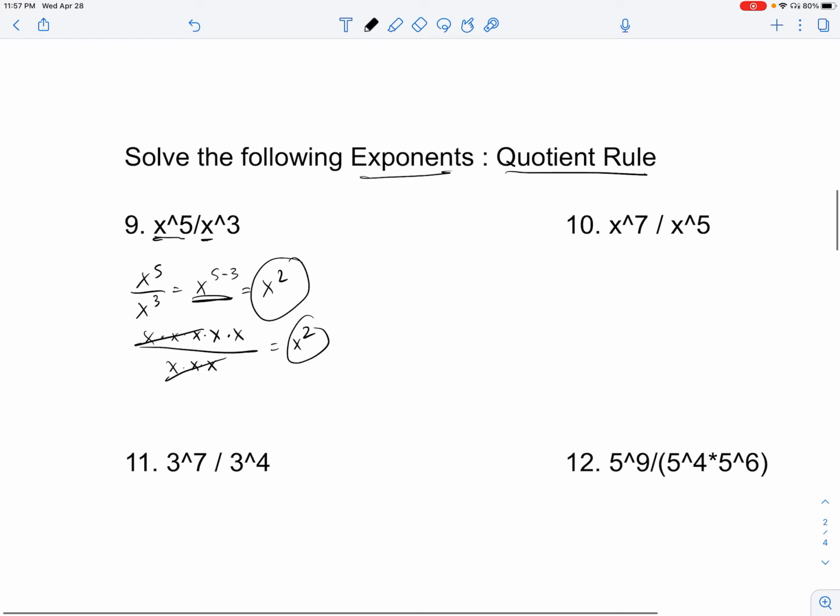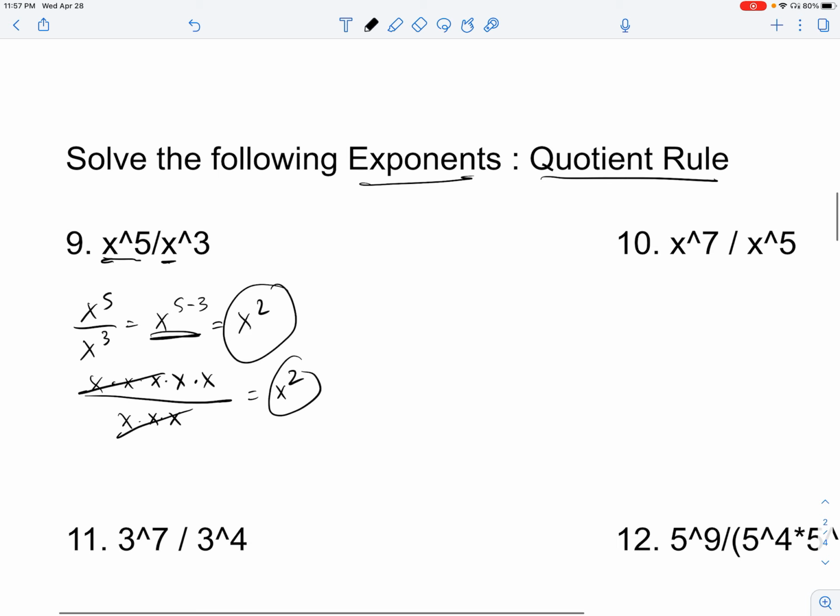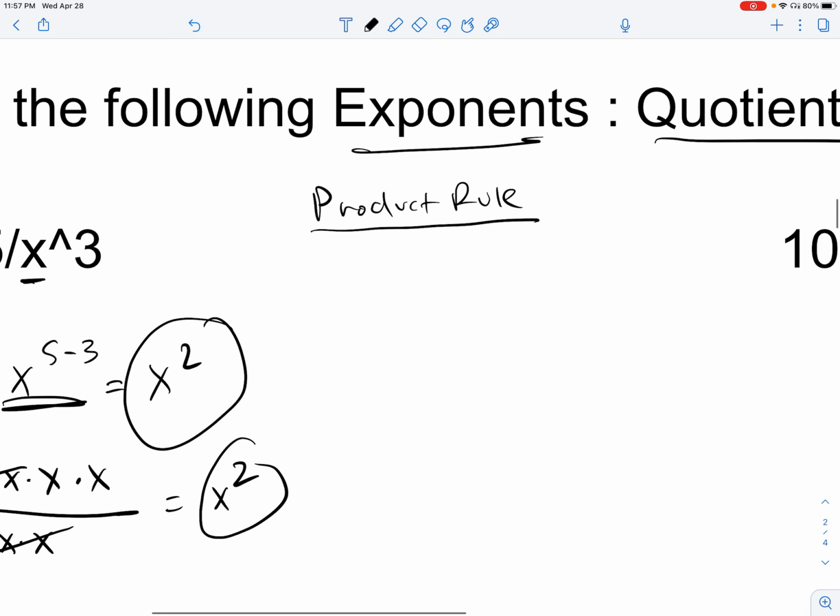So in general, whenever you see product rule, when you're multiplying, if you have the same bases, then you can add the exponents together.